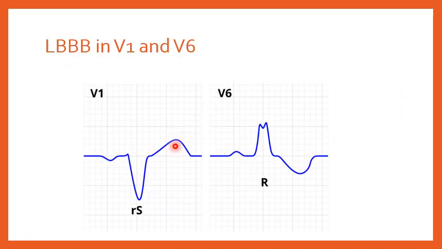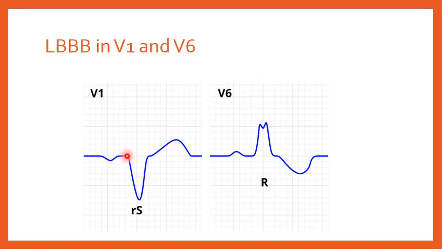So when we take a look at V1 and V6, again, our right chest lead and our left chest lead, what we wind up seeing is this big, huge, negatively deflected complex in V1. Sometimes you can see this itty bitty baby R here in V1. And by the way, that does not represent septal depolarization.